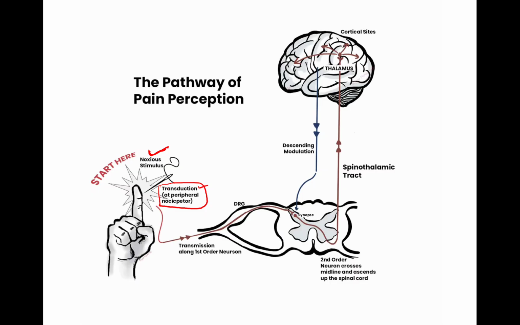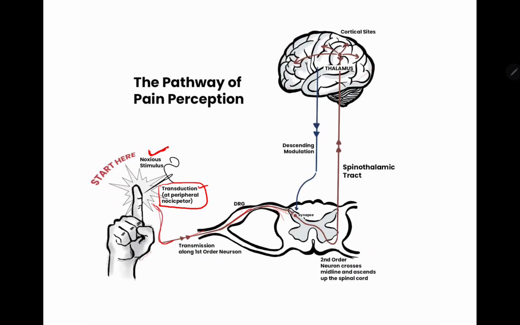Now the transmission along the first order neuron: the electrical signal travels along the first order neuron into the spinal cord. The cell body of the neuron sits in the DRG, which is dorsal root ganglion, just outside the spinal cord.